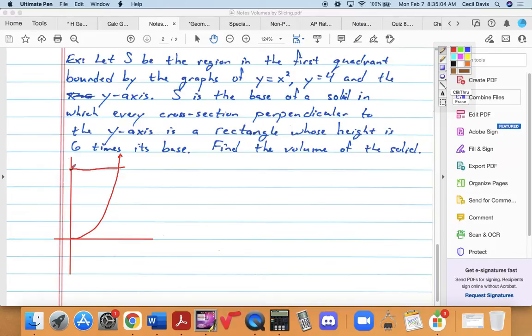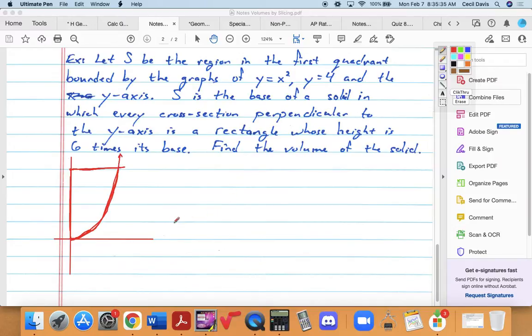And the y-axis. Okay. And actually, they didn't have to tell you the y-axis because they told you it was the part in the first quadrant. It's a quarter circle. Not really. It's closer to a quarter ellipse than anything else. But even then, if you connected these, they wouldn't connect smoothly.